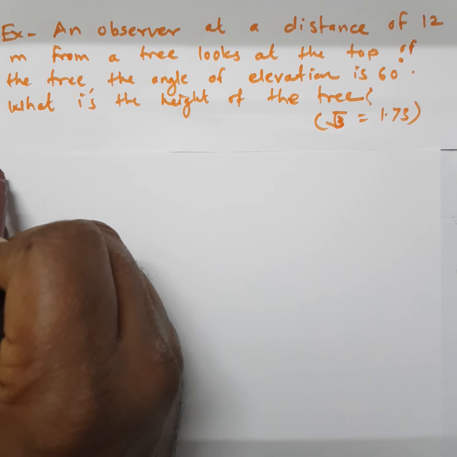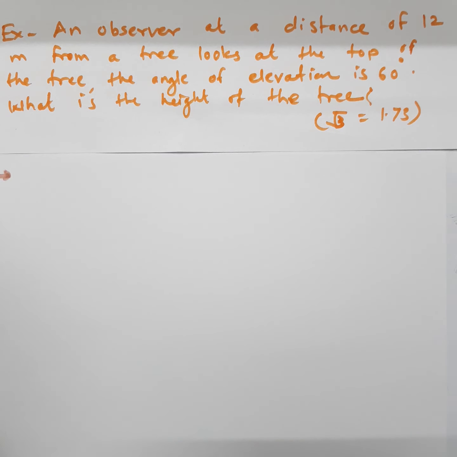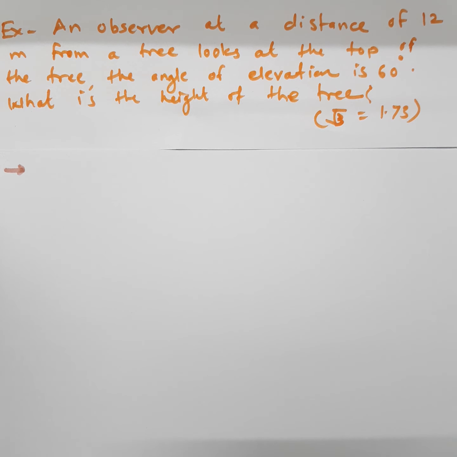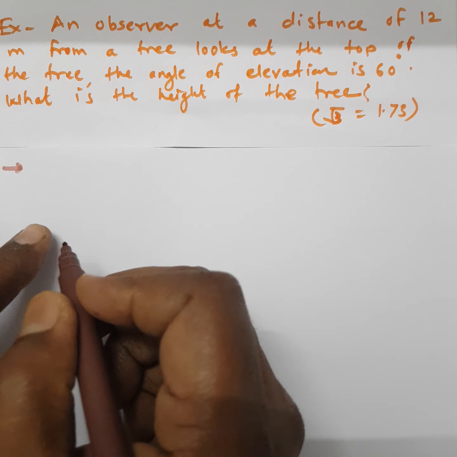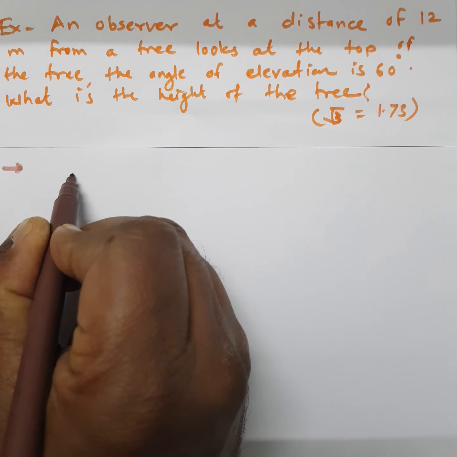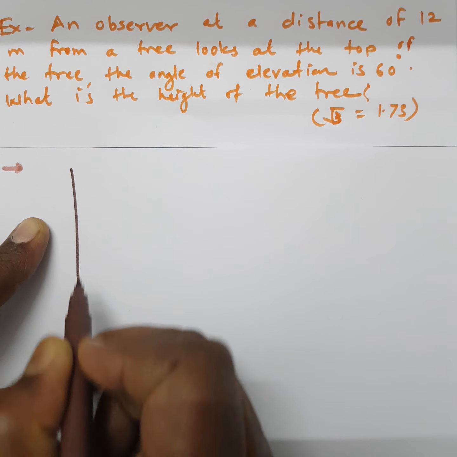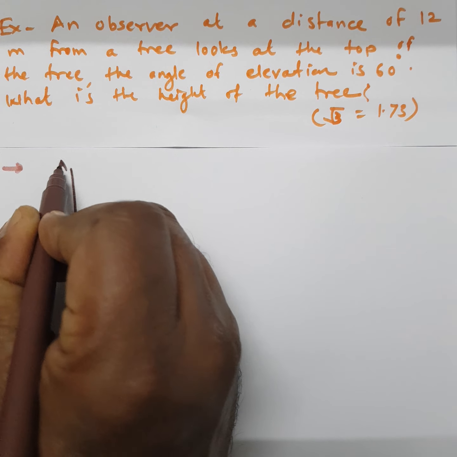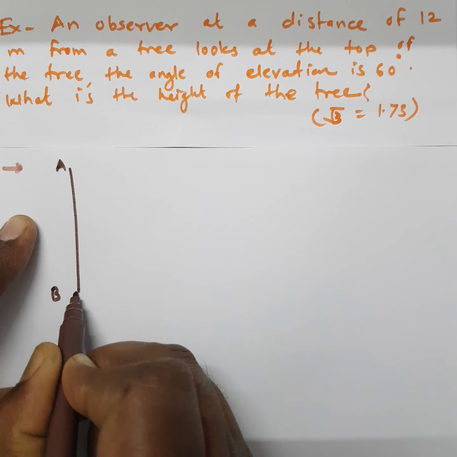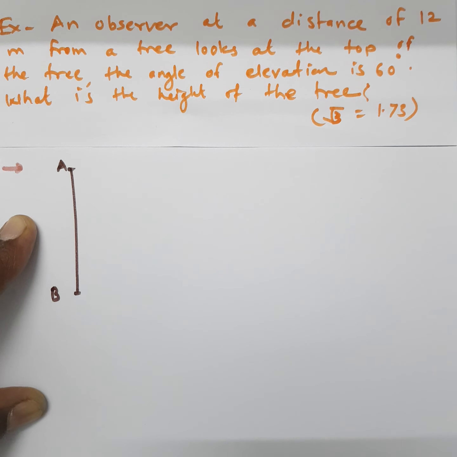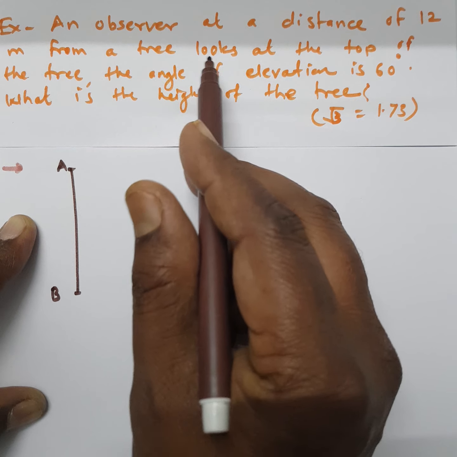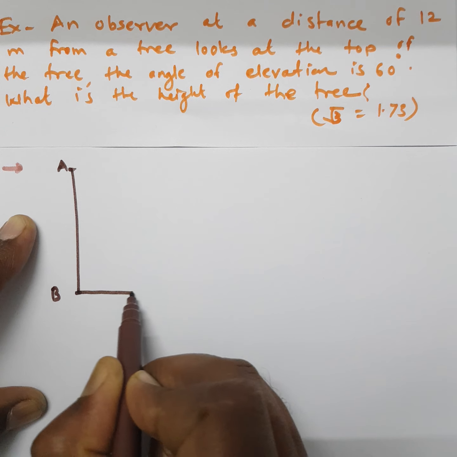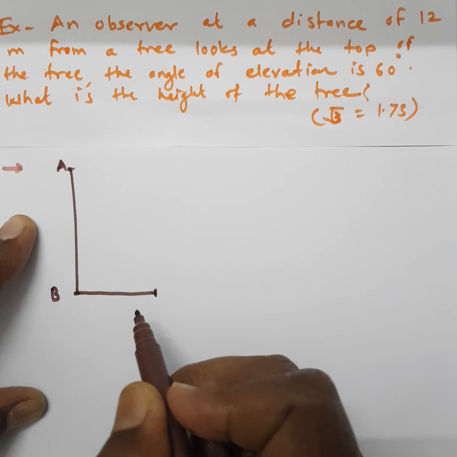Here we have to draw a rough figure for the given information. Suppose AB is the height of the tree. Here an observer is at a distance of 12 meter from the tree.